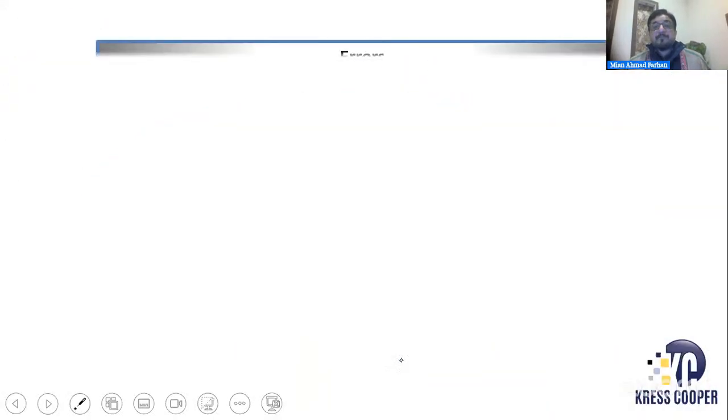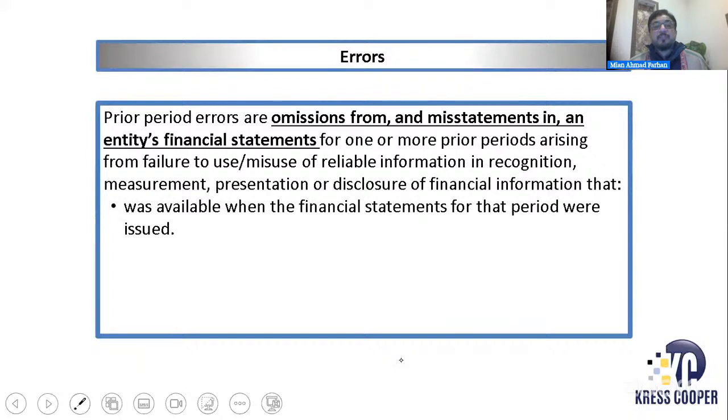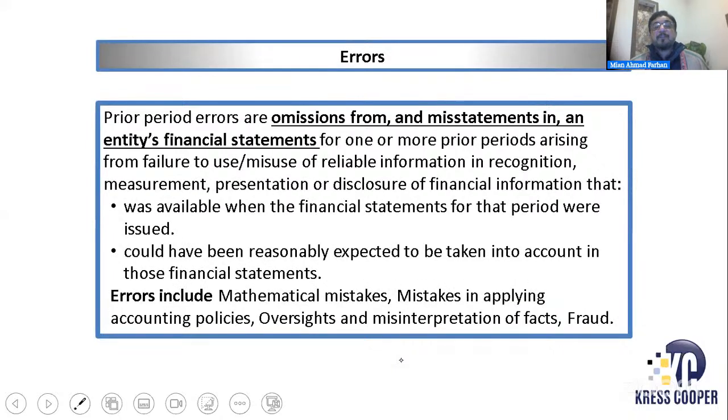Errors based on which the previous financial statements are no more reliable. This could be any error, even fraud is also accounted for accordingly if detected. Okay.